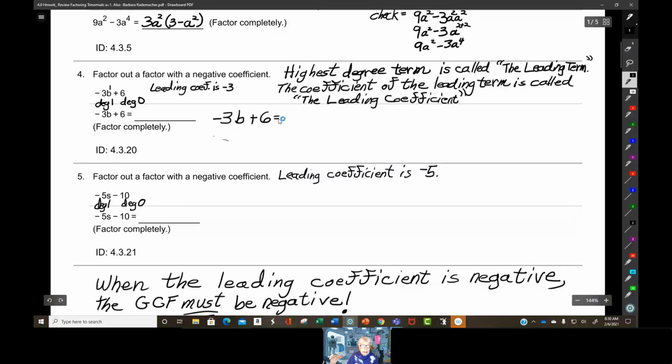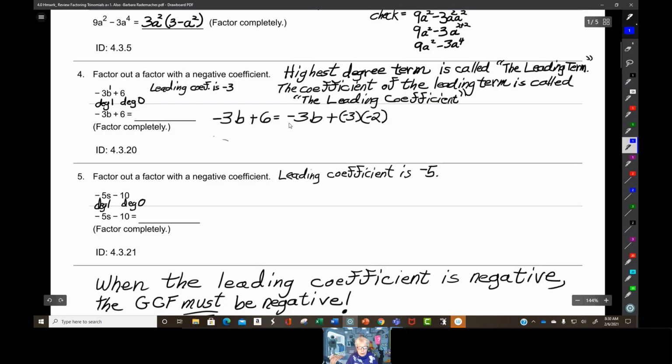This is going to be negative 3b plus negative 3 times negative 2. Negative 3 times negative 2 is positive 6. There's no choice, you have to do this. Okay.